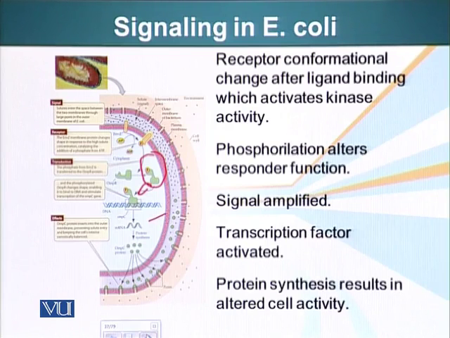So the first thing, ligand-receptor interaction, conformational change, these are the lessons we have learned from this example. Activity of the receptor is changed, which results in autophosphorylation, which results in phosphorylation of the responder, OmpR in our case. Signal is amplified, transcription factor is activated, which is OmpR, our responder, and protein synthesis results in altered cell activity.